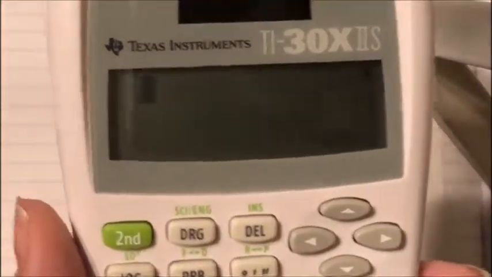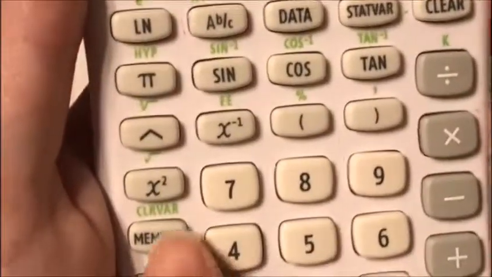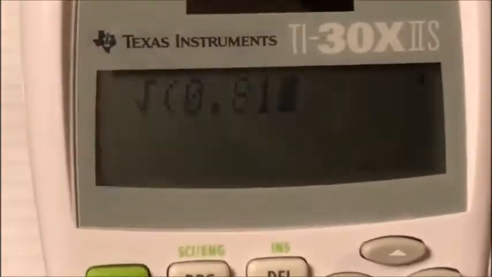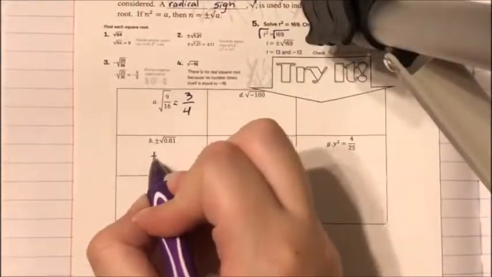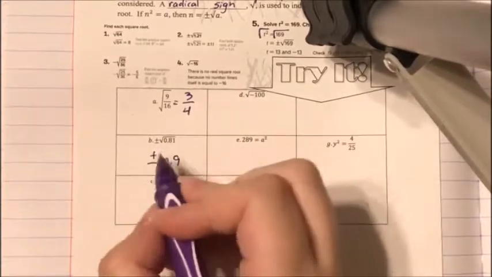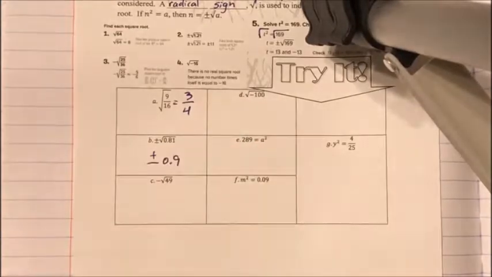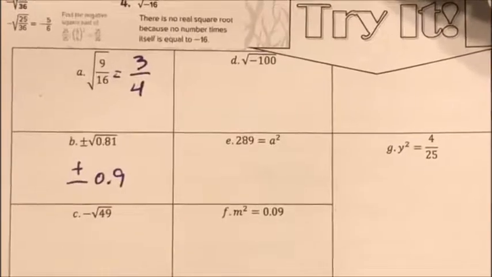So again, I'm going to take my calculator. Second, square root, 0.81, close my parentheses, I get 0.9. So it's plus or minus 0.9.